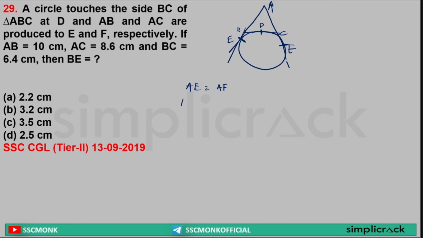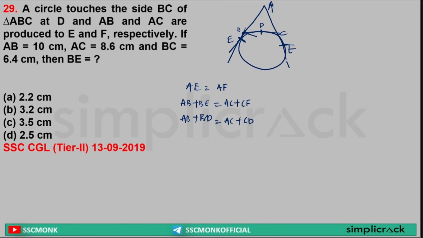Also I know AE can be written as AB plus BE, AF can be written as AC plus CF. Yes or no? Yes. Now see, this is also a tangent from B, so BE can be written as BD. So AB plus BD is equal to AC plus CF, which can be written as CD. Yes or no? Yes.